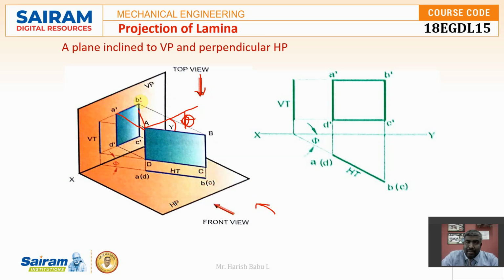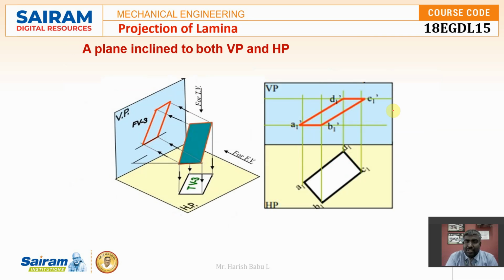So A and B will be projected onto the vertical plane, and this I want to start from the top view, where I want to know the angle theta and the true length of AB. So I want to draw this. I'm going to project for the front view, and I'm going to get the shape of the lamina. So this is the fifth condition.